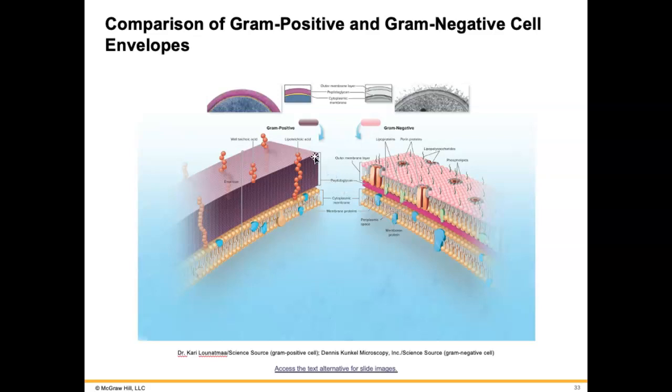And that peptidoglycan layer in gram positive cells is really, really thick. In addition, the gram positive cells have these lipoteichoic acid molecules sticking off as well. And we'll talk about what that means for the cell later.